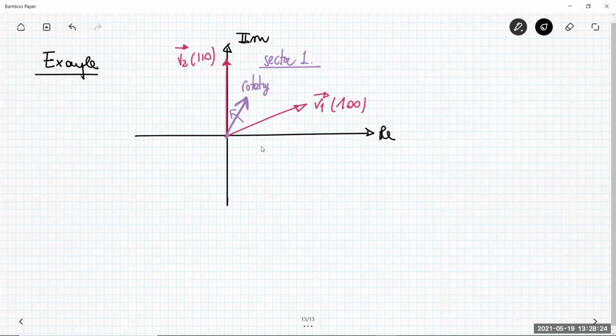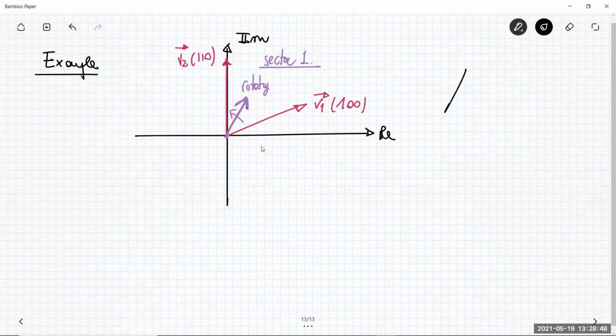We have to consider a combination of different vectors to synthesize the purple vector. You know that by using any combination of two vectors, weighted by specific amplitudes, you can synthesize any other vector.